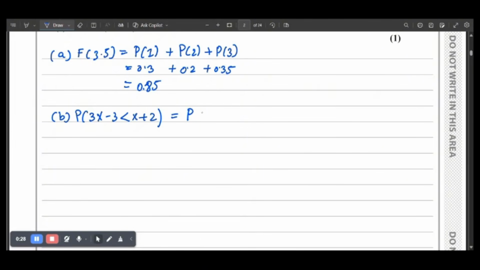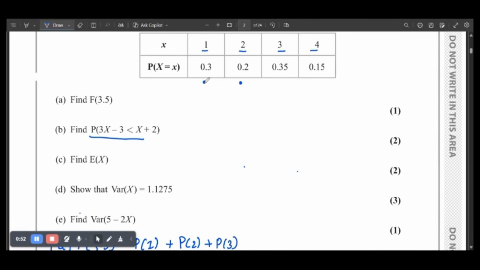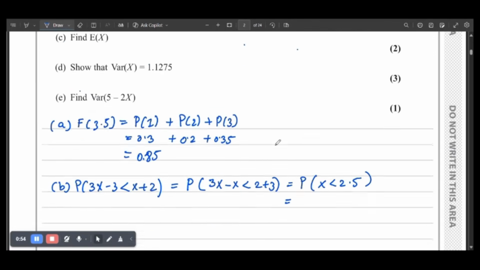We will make x the subject. So this will give x is less than 2.5. To solve this probability, we have to add the probability of 1 and 2 together.